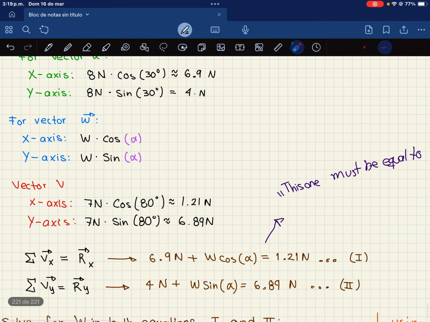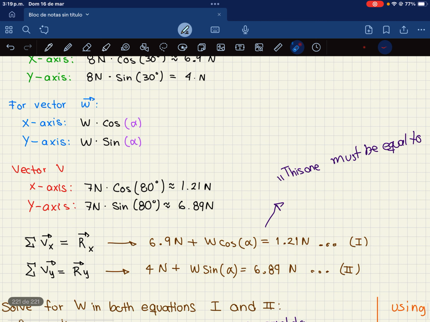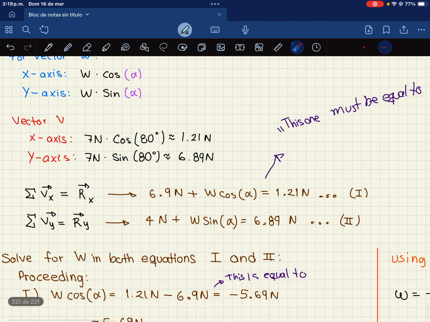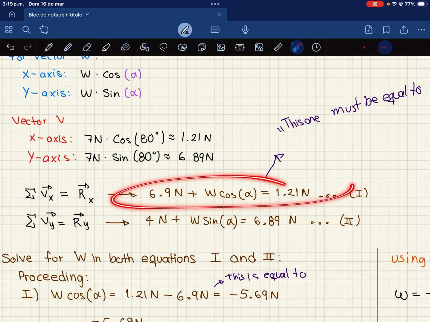This must be equal to 1.21 newtons of the resultant vector. I will call this equation 1.